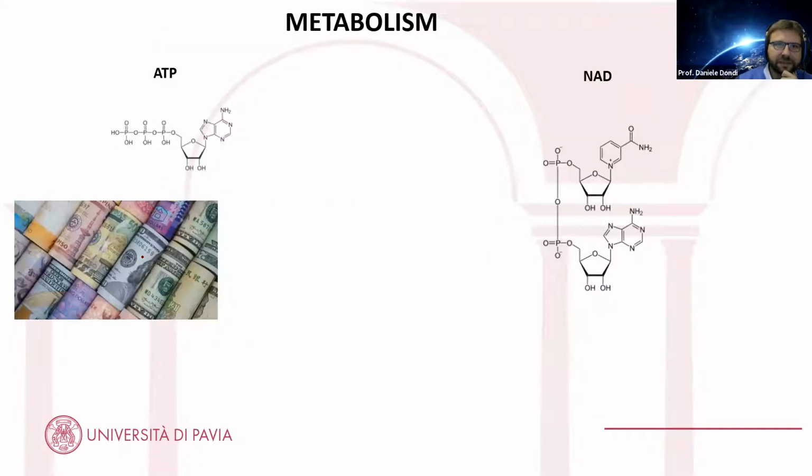Where do you get this? Now we know that in the current metabolism, this molecule is the ATP, so adenosine triphosphate. And also another important molecule is NAD. So these are compounds, this for the energy, and this for the oxidation reduction.